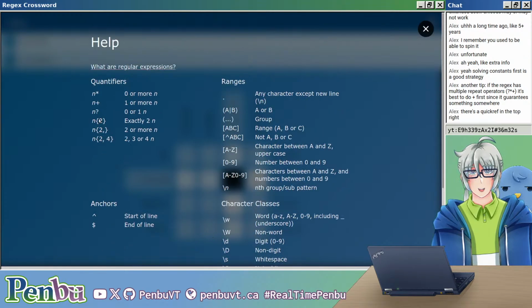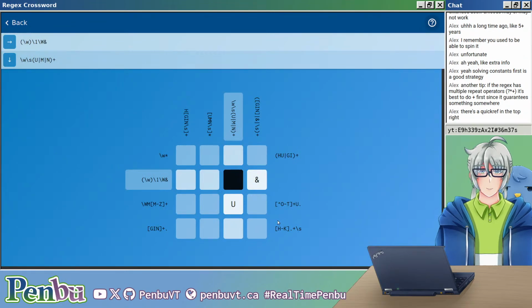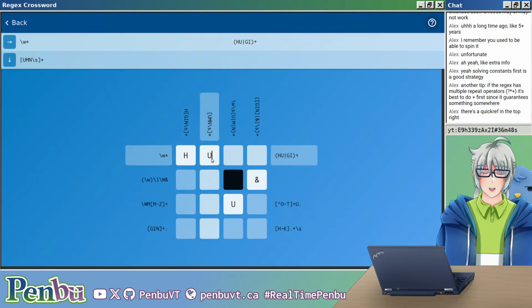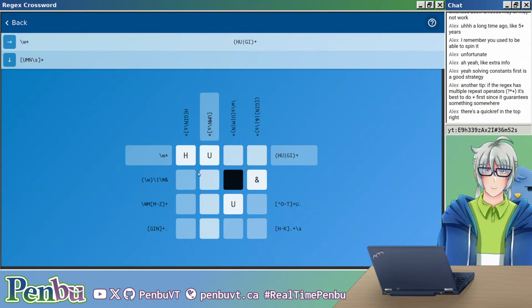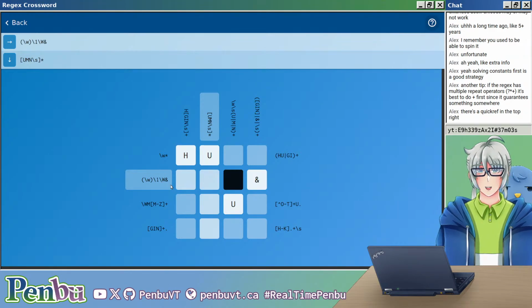Lookaheads. Yes. What else do we have here? Oh, this one's a constant. That's an H, which then forces this to be a U because we have this sequence here. And then we have these two have to be the same because of this back reference.